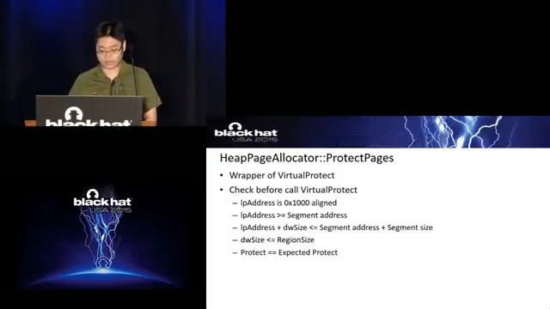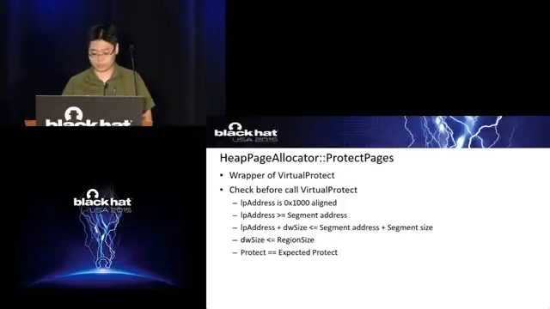First, the lpAddress must be aligned. Next, the lpAddress must be bigger than the segment's address. And the lpAddress plus the dwSize must be less than the segment address plus segment size. That is to say, the memory range of the call must be inside the segment. And the dwSize must be smaller than the region size.